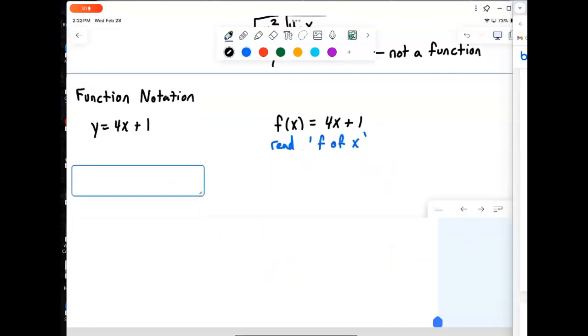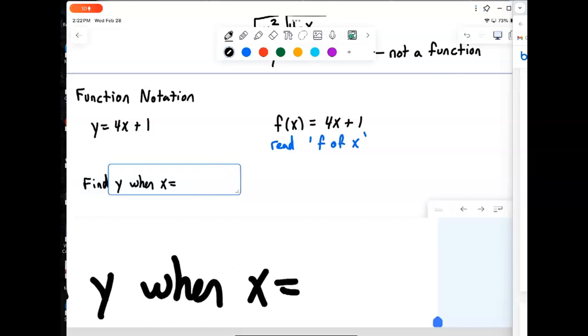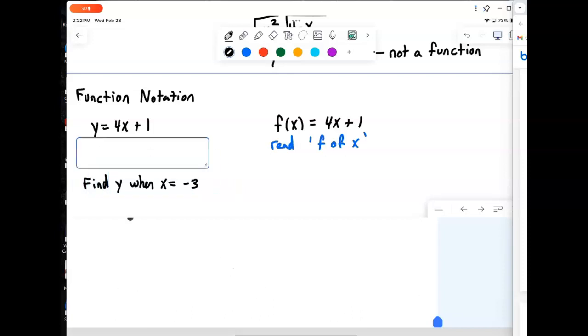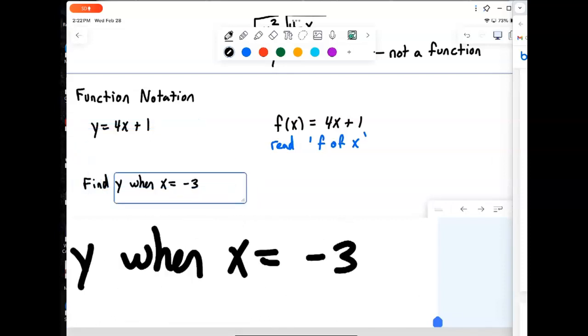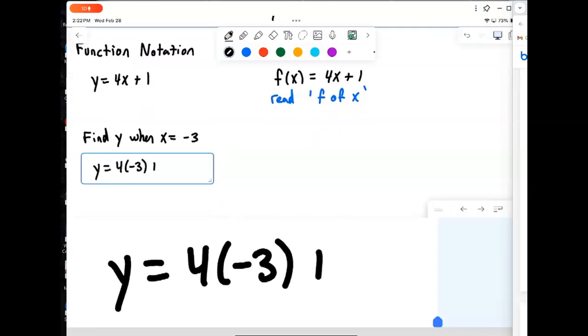Now, in regular old equation language, we say find y when x is -3, right? And that would mean go into the equation, plug in -3 for x, do your arithmetic.